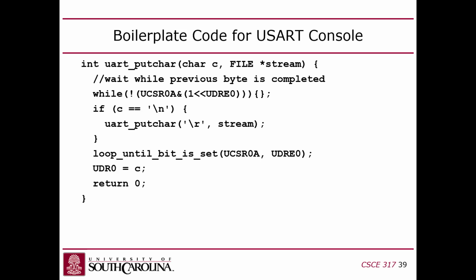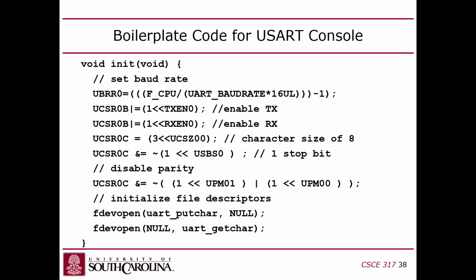Yes. On the previous slide, for the input parameters at the bottom for the fdevopen, is there a particular reason they're out of order, and is there a way we can see input parameters for all the functions to know if we're doing that right? That's a good question. Do we have documentation for fdevopen somewhere?